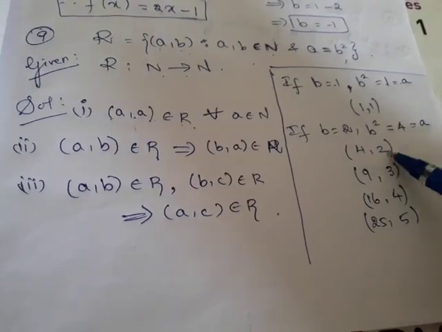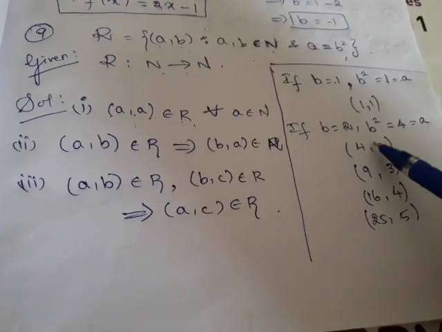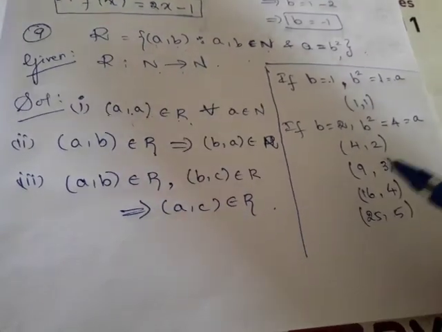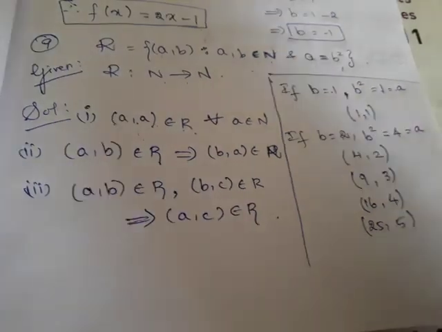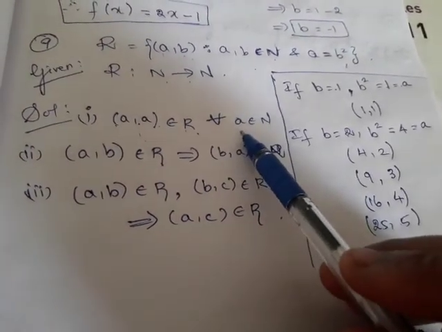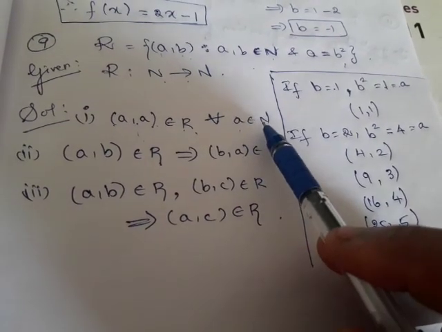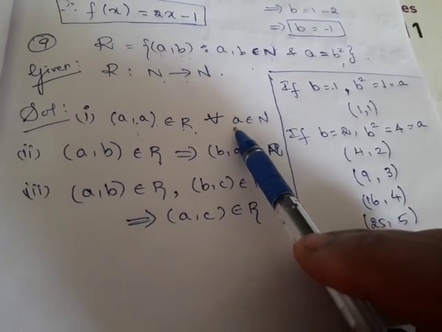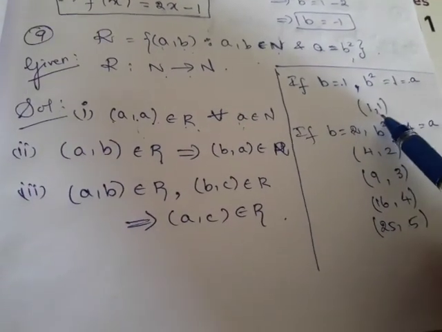If you check with the example we did, 1 comma 1 belongs to R, but 2 comma 2 does not belong to R, right? 3 comma 3 does not belong to R, 4 comma 4 does not belong to R. Therefore this statement is false. This is not true for all values of a which you choose from N. It is true for only one value.